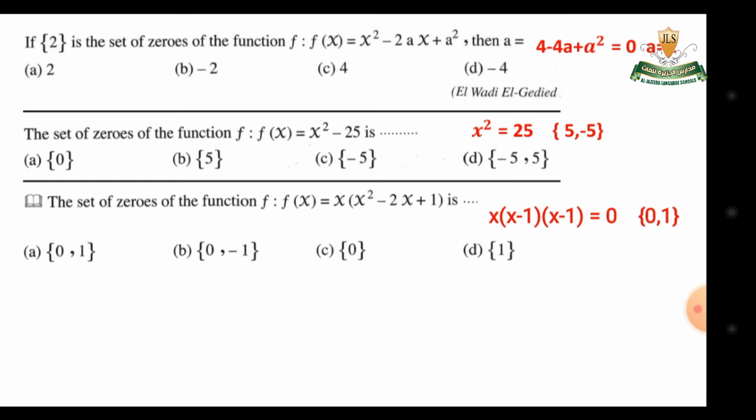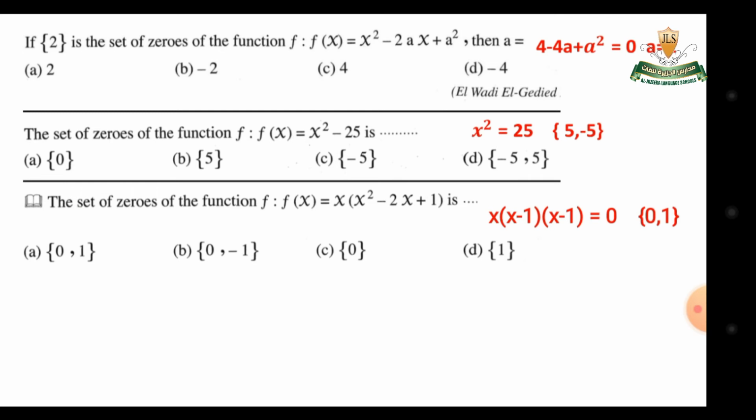If set {2} is the set of zeros of the function f(x) equals x power 2 minus 2ax plus a power 2, then a equals? We put x equals 2 in the function, we get 4 minus 4a plus a power 2 equals 0. We factorize this expression, we get a equals 2.